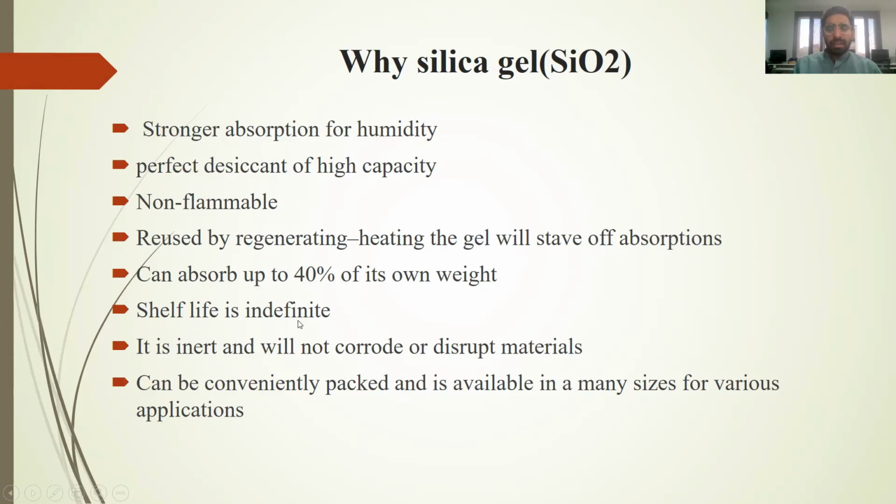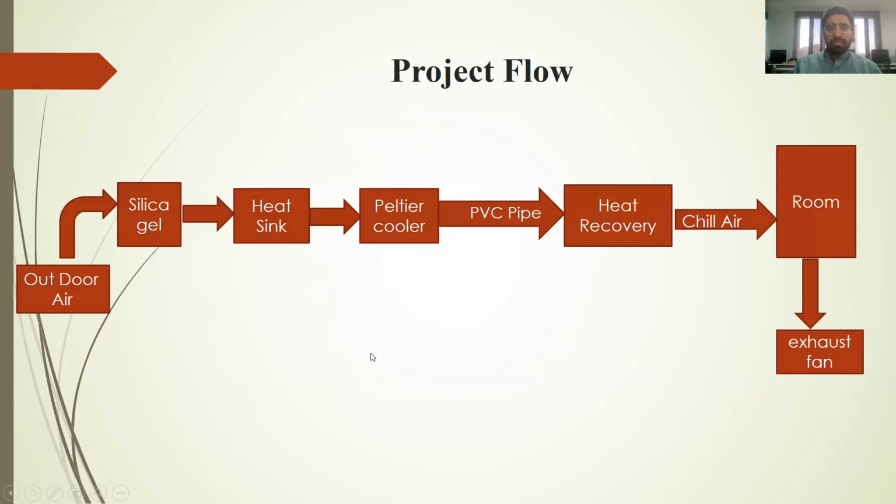The shelf life of silica gel is indefinite. It is inert and will not corrode or disrupt the material. It can also be conveniently packed, and it is available in many sizes for various applications.